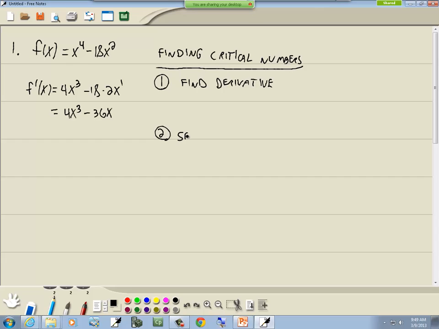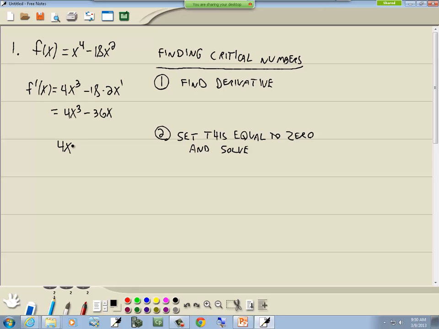Step 2, set this equal to 0 and solve. Now we're going to see when we have a fraction, we'll do that a little bit differently. So we'll set that equal to 0.